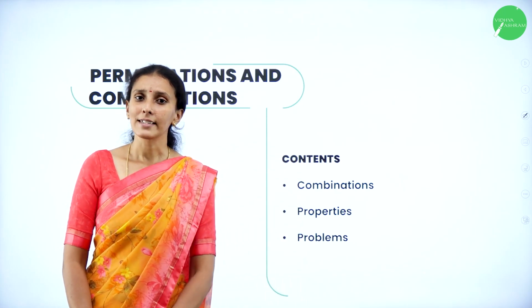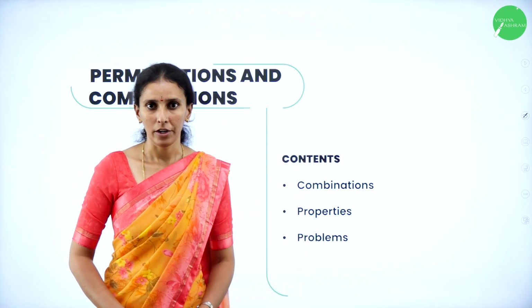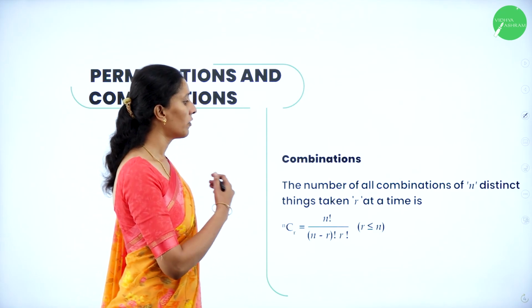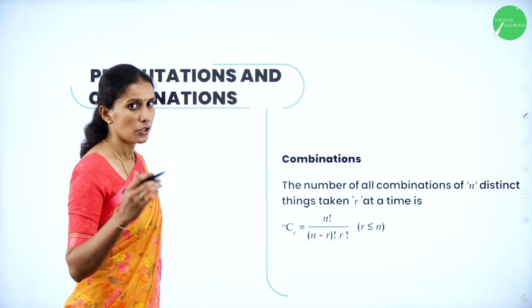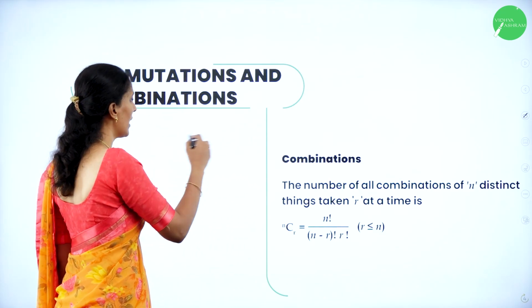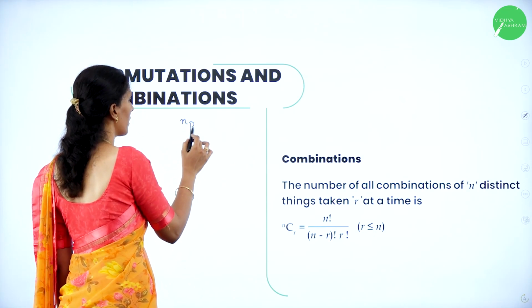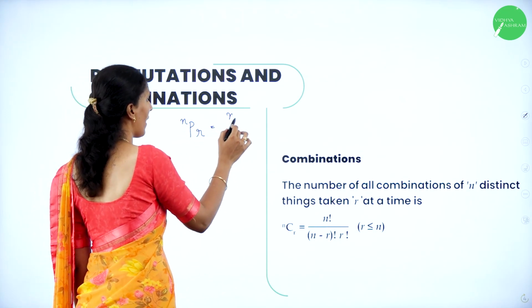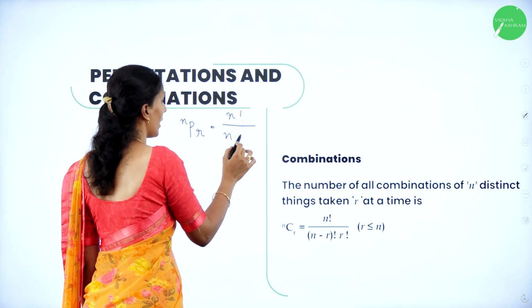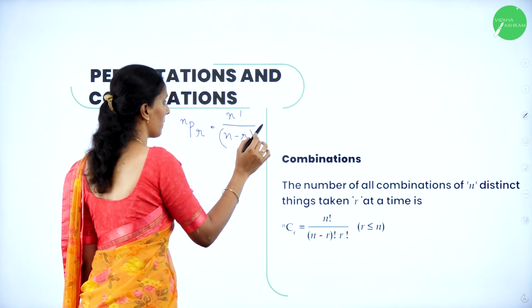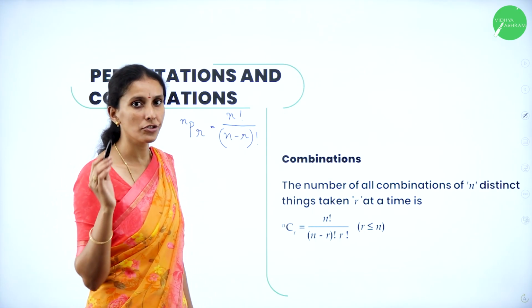Now let us study what combination means. Directly we'll go to the formula. What is the formula for permutation? nPr is n factorial divided by n minus r factorial. This is the formula for permutation, remember.